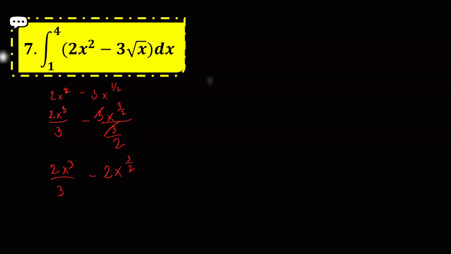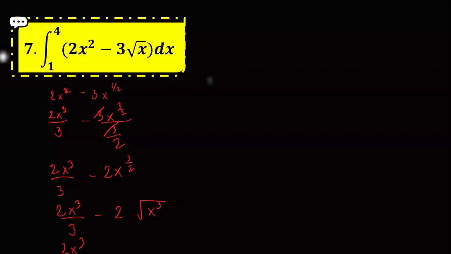Then we further simplify. Okay, after we integrate, we have 2x cubed over 3 minus 2 the square root of x cubed. But this has a perfect square, so we'll rewrite it.